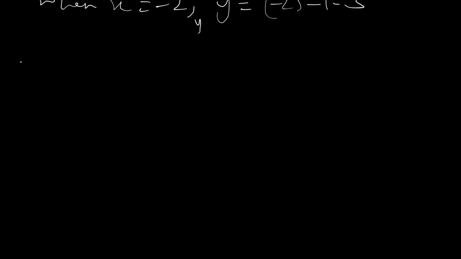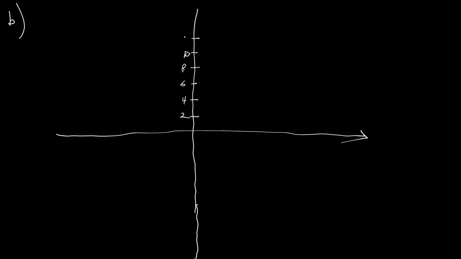For 11b, we are being asked to draw the graph y is equal to x squared minus 1. So we have our y-axis and our x-axis. On our y-axis, we take 2 centimeters to 2 units. So we have 2, 4, 6, 8, 10, 12, 14, and 16.